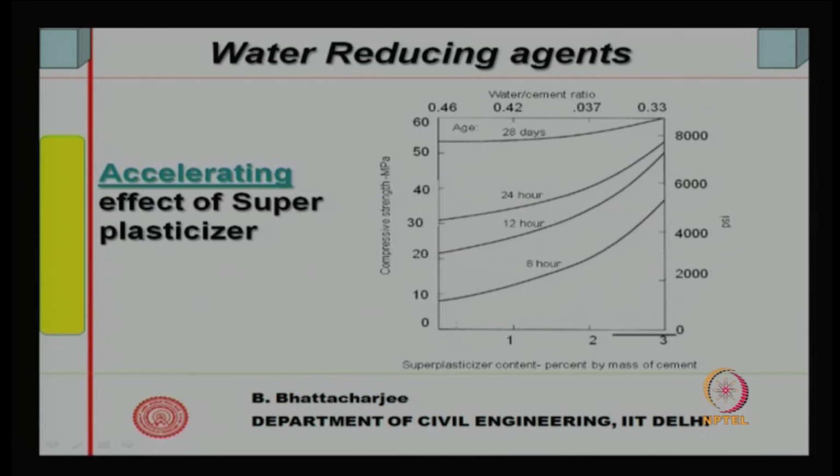You can see that with higher superplasticizer dose, you have higher strength. With zero superplasticizer, this was the compressive strength; with higher dosage, early strength increases, 12 hour strength, 24 hour, but 28 day strength has of course much less influence. This is because of better dispersion of the system.